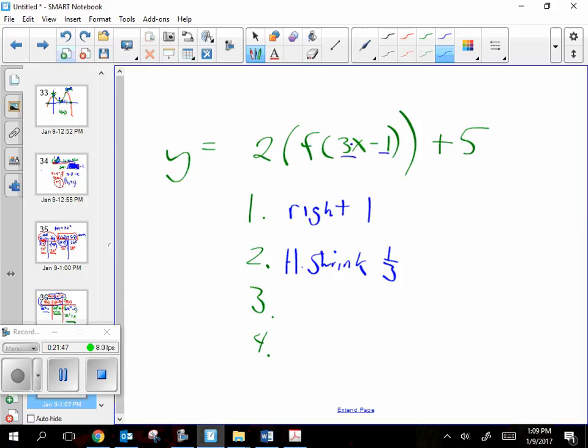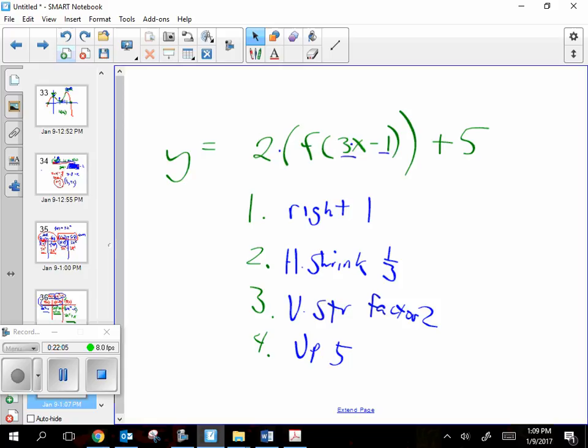Then you move to the outside, and this is twice as vertical. So vertical stretch factor 2, and the last thing is up 5. And that's in the right order. All right, that's enough review there for Chapter 4.